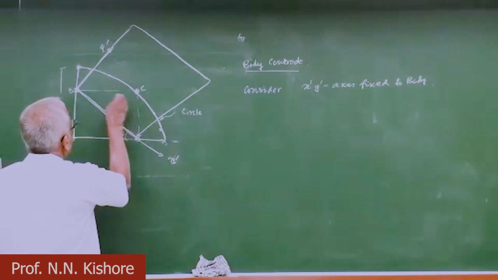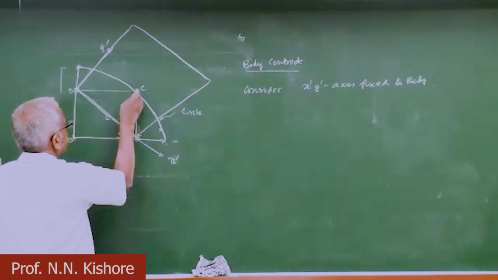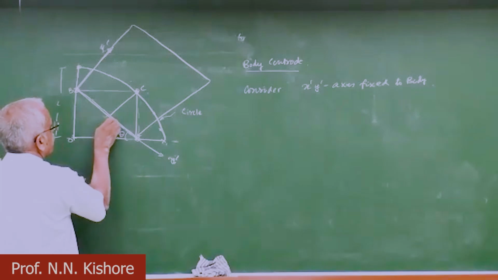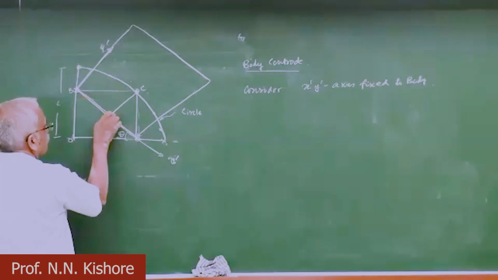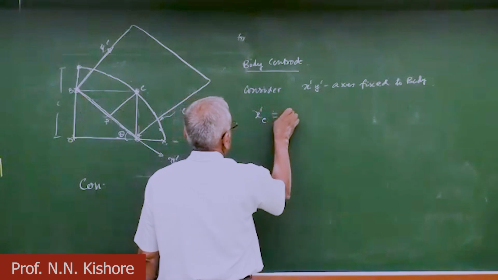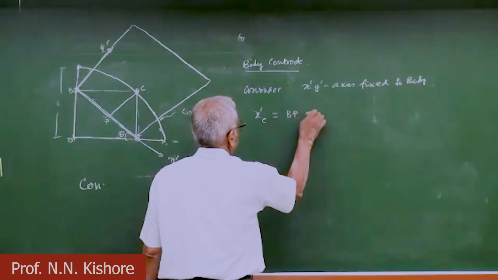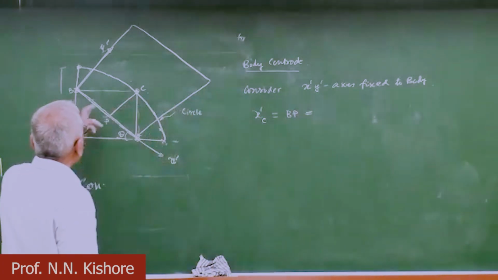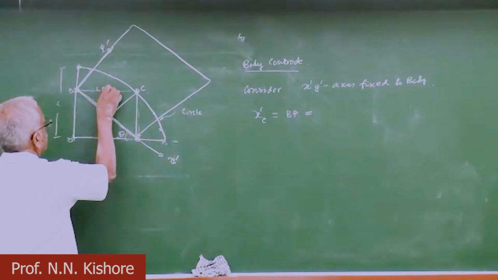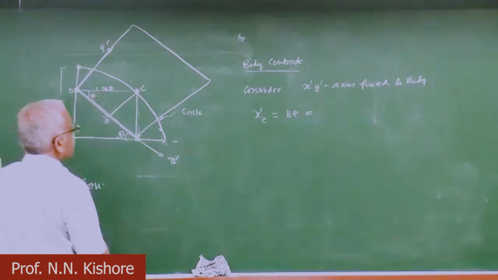So how do we get the coordinates? This is the coordinate here, say some point P here. So x prime c is nothing but BP, and how much is that? This is L cos theta, and this is also theta.